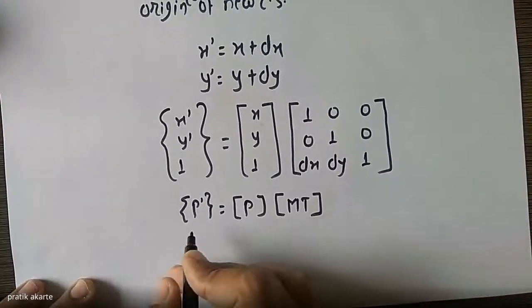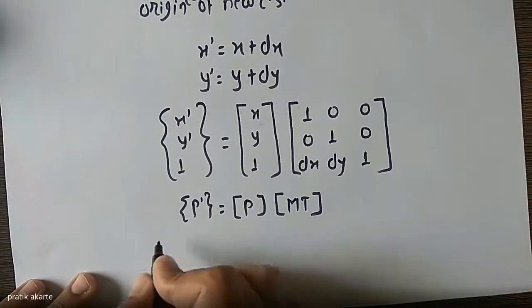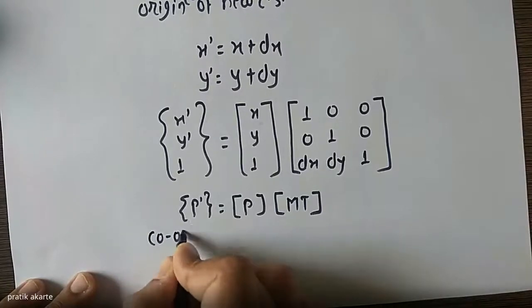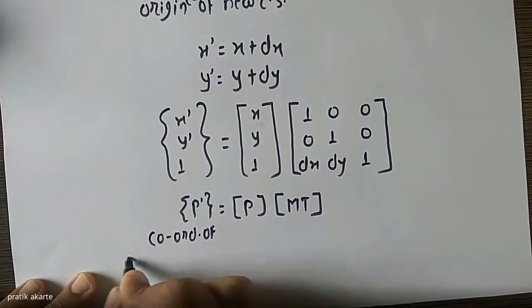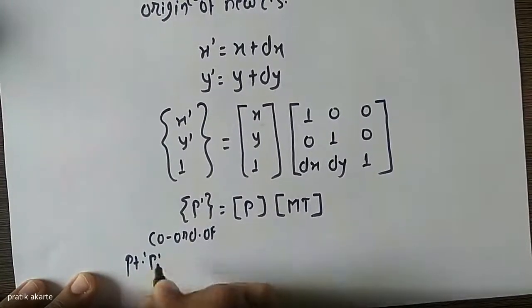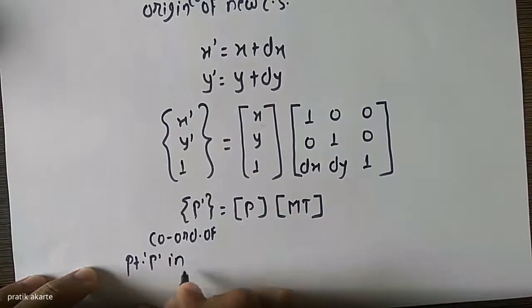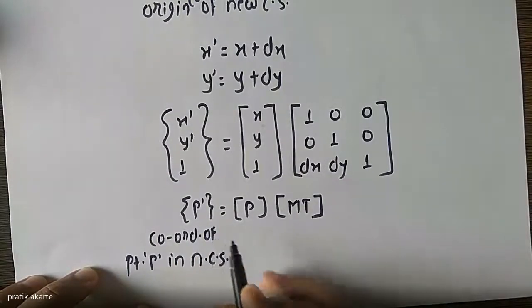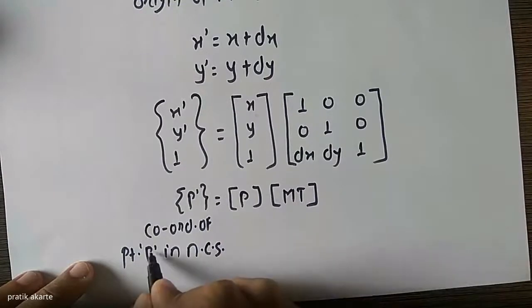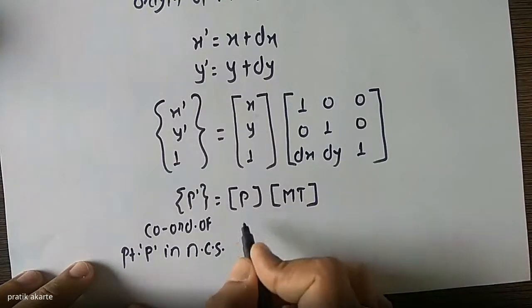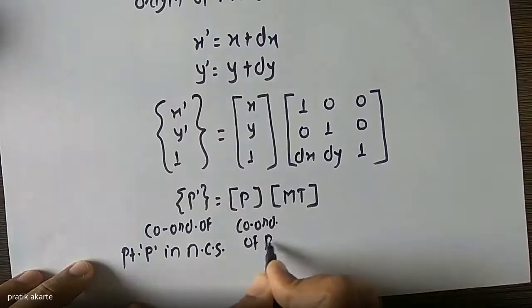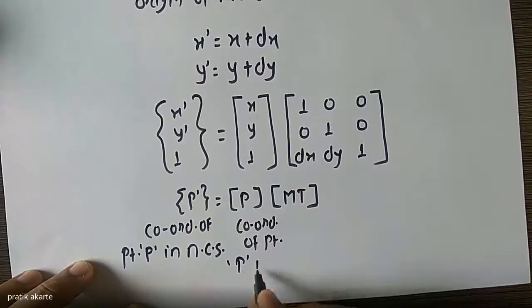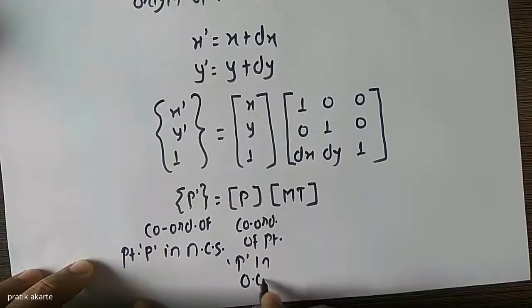So what is your P dash? P dash is the coordinate of point P in the new coordinate system. What is P? Coordinate of point P in the original coordinate system.